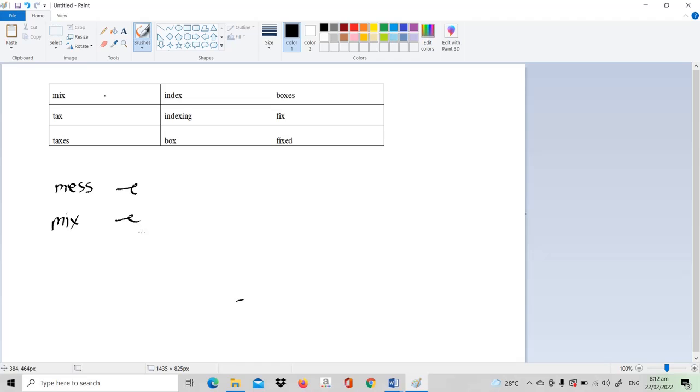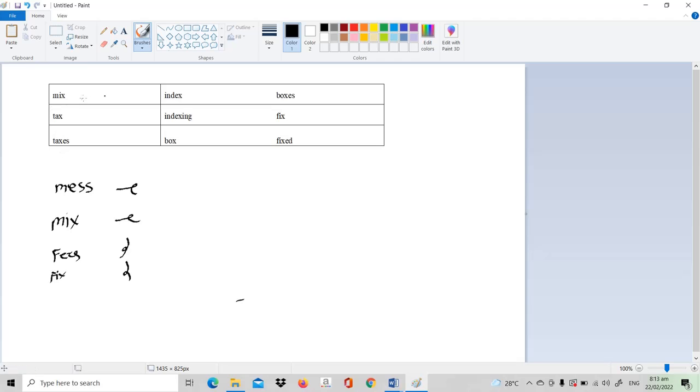Parang R na hindi R. Ganyan yung difference. You can see the difference. Next, we have fizz and fix. So, for fizz, we have F-E-S. For fix, we have F-E-X. Okay? So, nakita niyo yung difference.